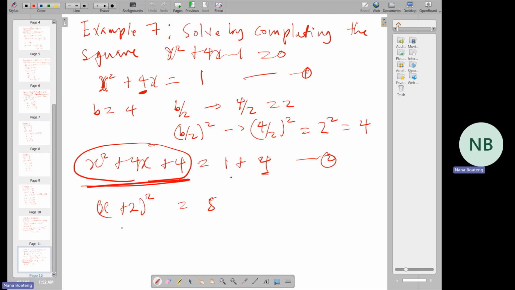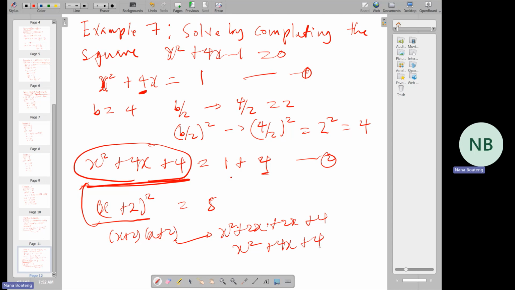That means we can write x squared plus 4x plus 4 as a perfect trinomial, x plus 2 squared. If we expand this, multiplying x plus 2 by x plus 2, we get x squared plus 2x plus 2x plus 4, so x squared plus 4x plus 4.